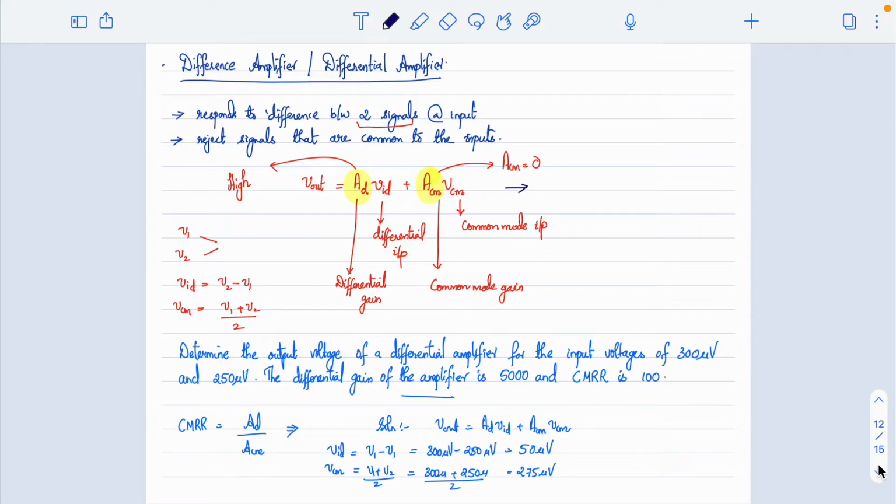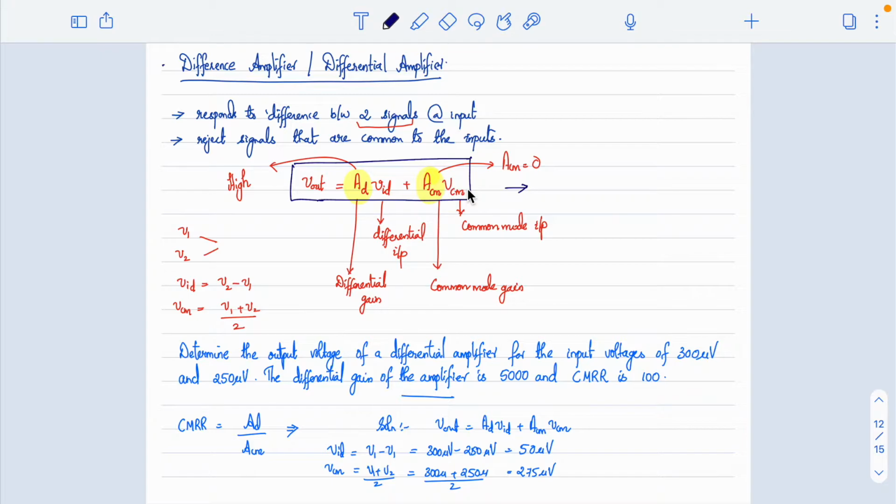Alright. So as we have seen, the characteristic equation of differential amplifier is this, where the output is expressed as AD VID plus ACM VCM, and what we are looking for is a very low common mode gain. Common mode gain should ideally be equal to 0, so that all the common mode signals will be rejected by the circuit.